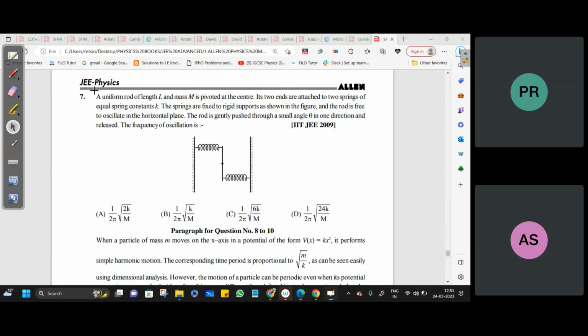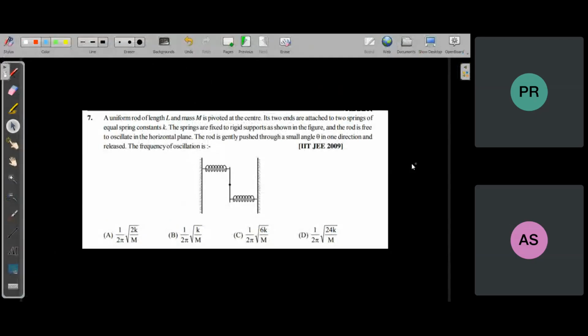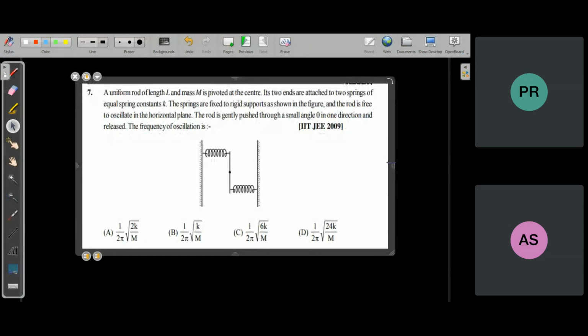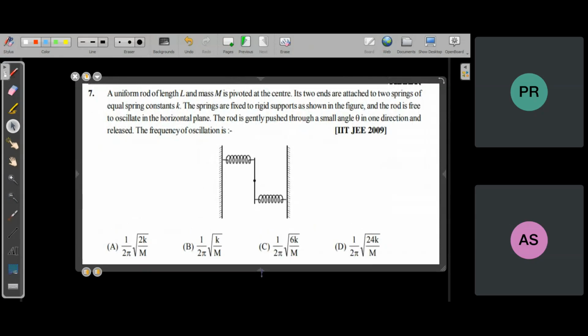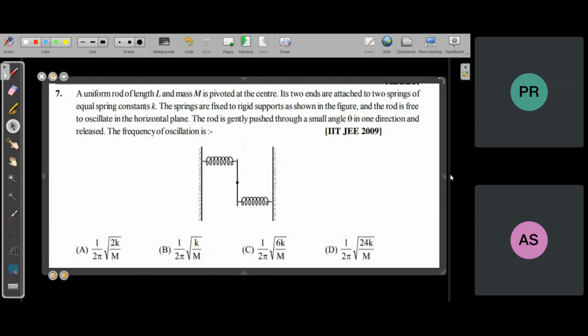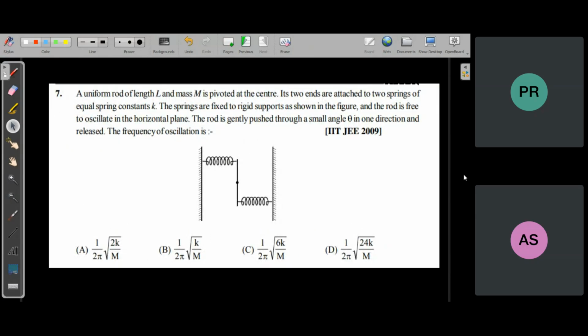Now you can try this one. So now keep solving questions from your Narayana material from SCV. Okay. You can ask your doubts.